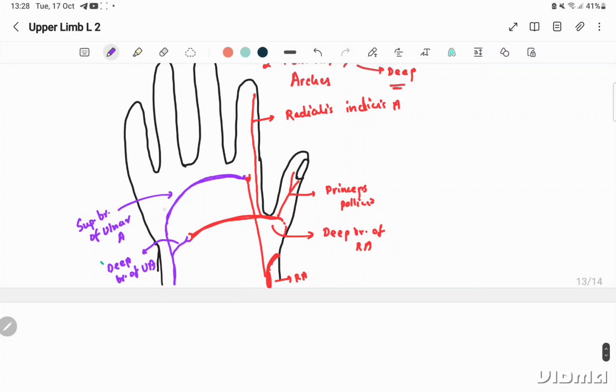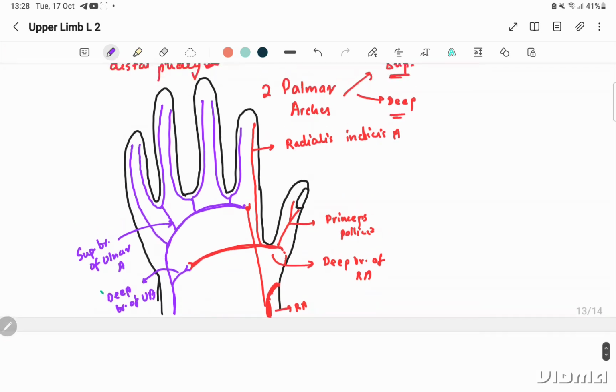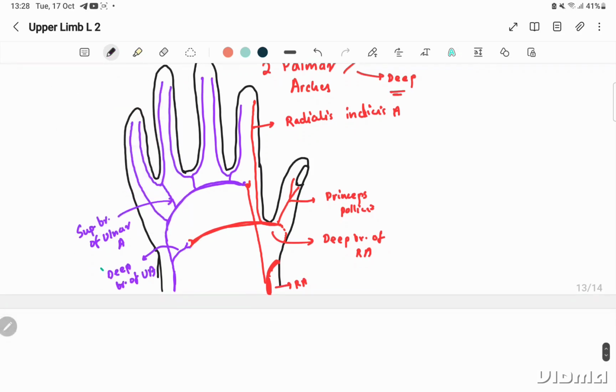Okay, and that would give branches also to this phalanx, then a separate branch, then a divisible branch to this, and another divisible branch to this also. So this is the whole arterial supply of the palm.